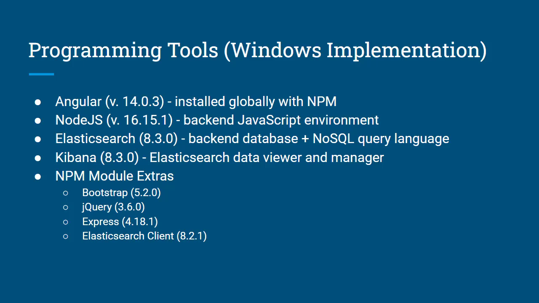These are requests that are sent from the browser itself to access data. And then the Elasticsearch client is an additional module that interfaces, also at the server side, with the database.